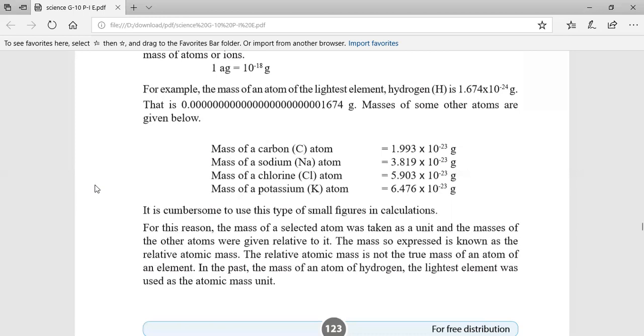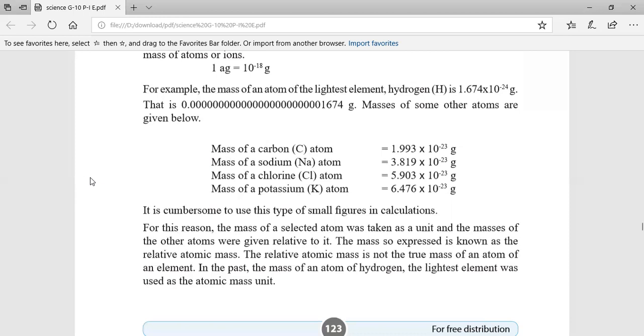Nowadays, not the hydrogen atom, we use the carbon atom. The masses are relative to the carbon atom.